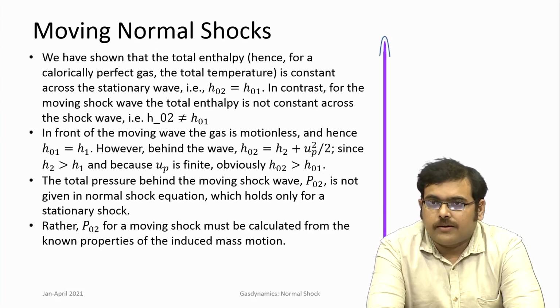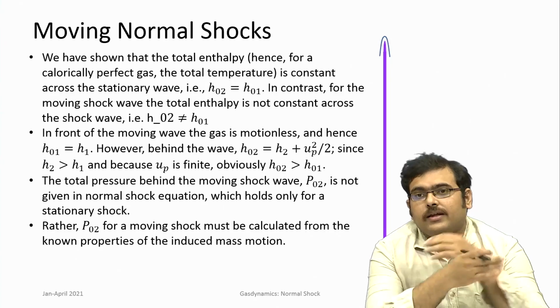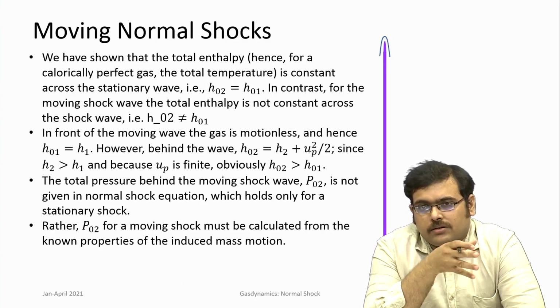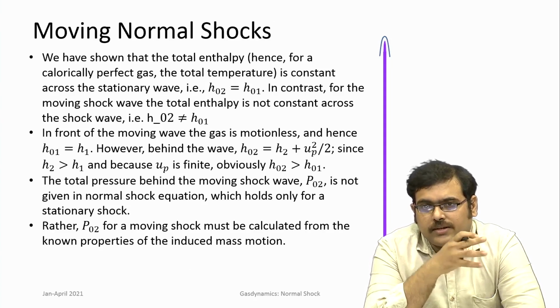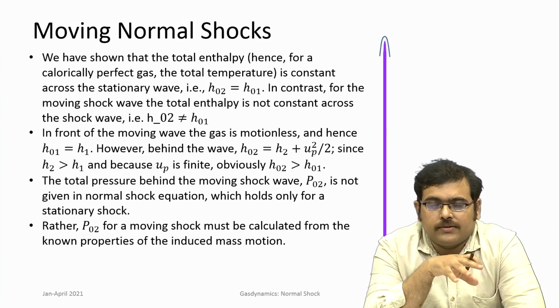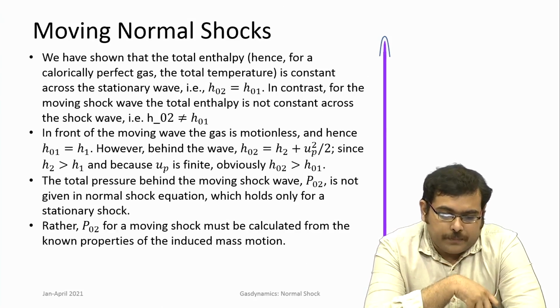But what about moving shock waves? Now, we had done a change of reference, but the stagnation temperatures and stagnation pressures are all to be calculated in reference to the fixed frame, that is the laboratory frame.